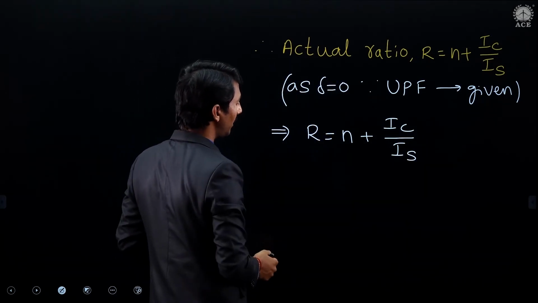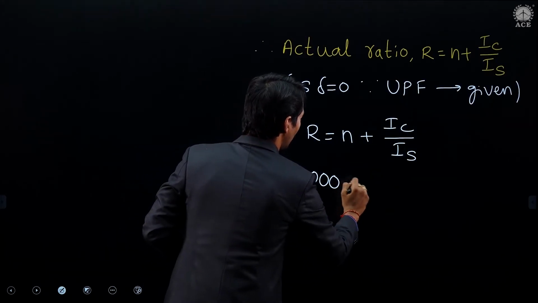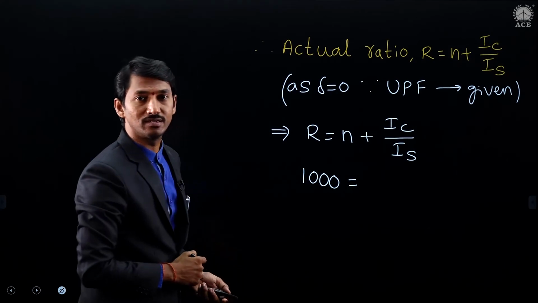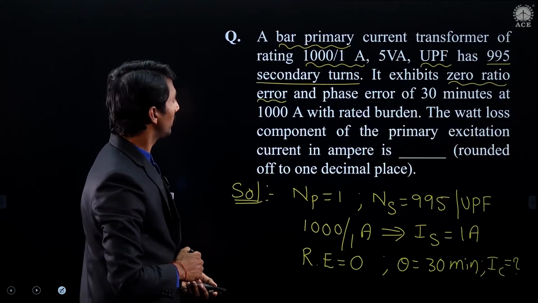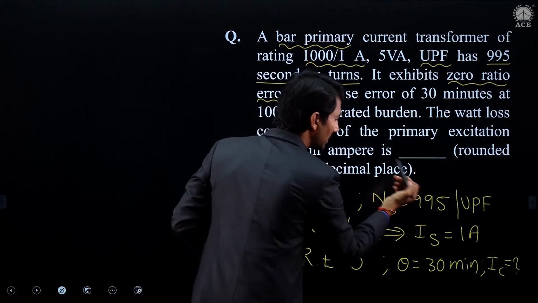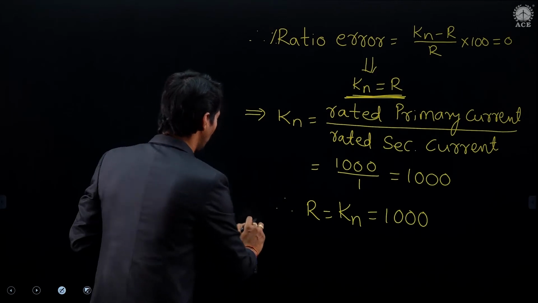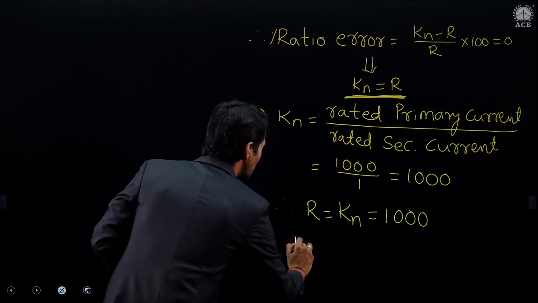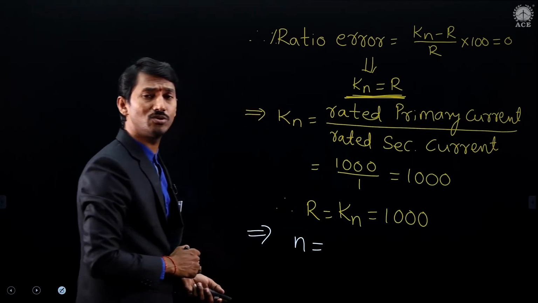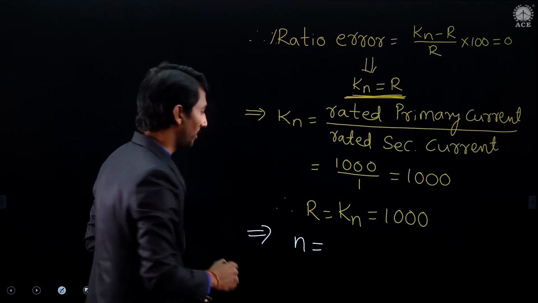So what is the R value? R value is 1000. And what is the N value? Check it here: number of turns in the primary is one, number of turns in the secondary is 995. So we can find the turns ratio N, the number of secondary turns by number of primary turns for a CT.